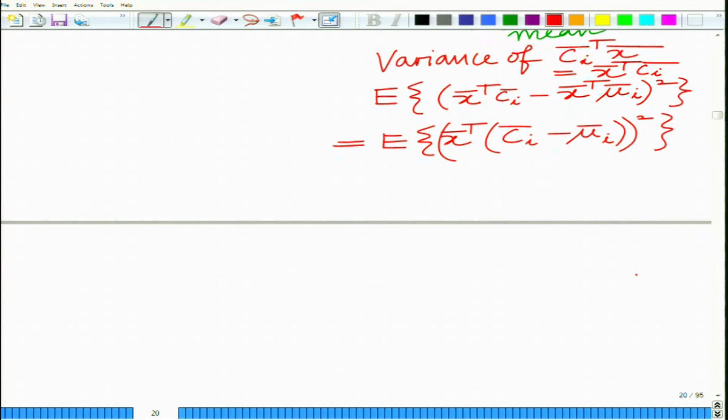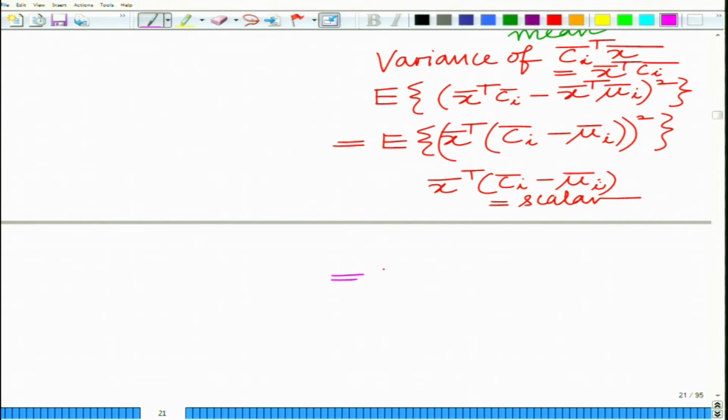This is a scalar quantity, so I can write it as the quantity times itself or the quantity times its transpose, x bar transpose times C bar I minus mu bar I. This is a scalar quantity, simply a number.